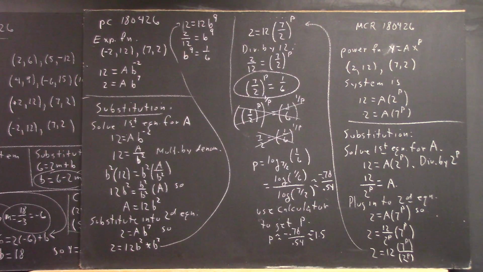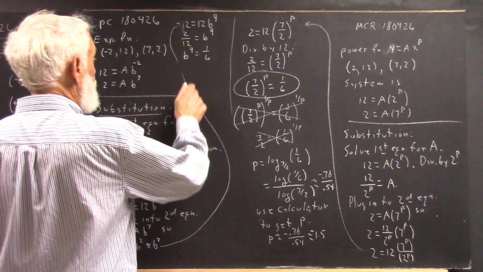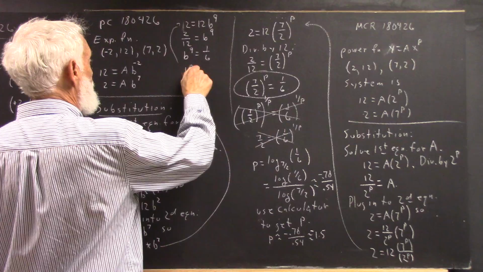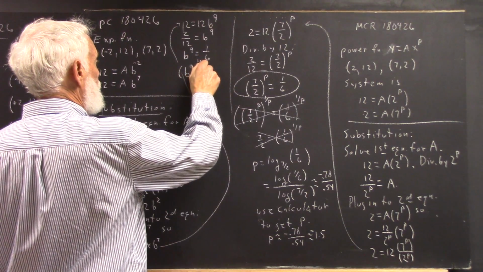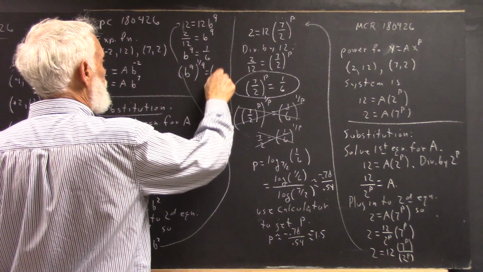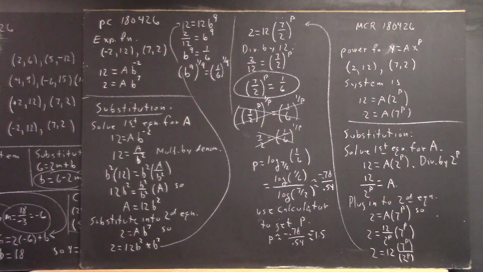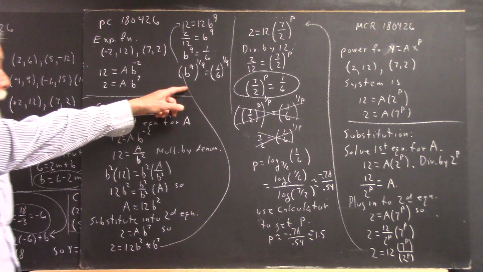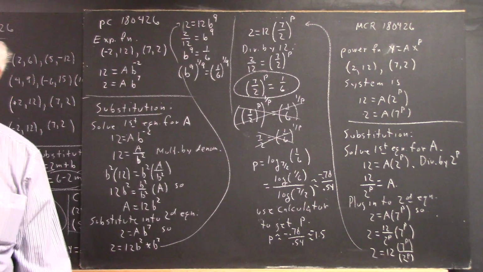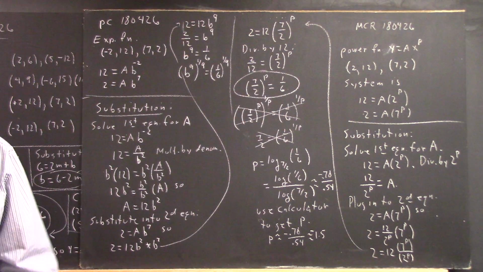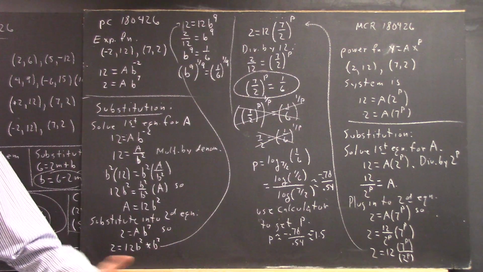Going to use laws of exponents. You're going to say b to the 9th raised to the 1/9 power is 1/6 raised to the 1/9 power. Now what's b to the 9th to the 1/9? It's just b, but why is it just b?